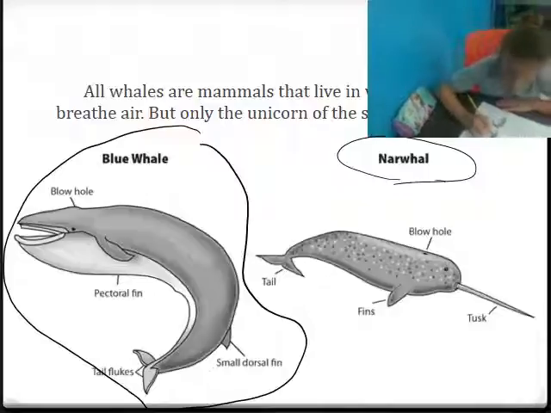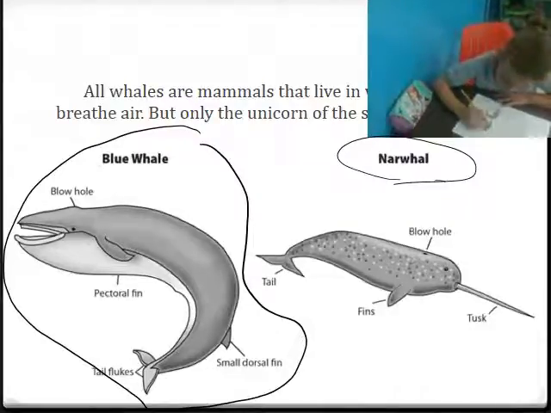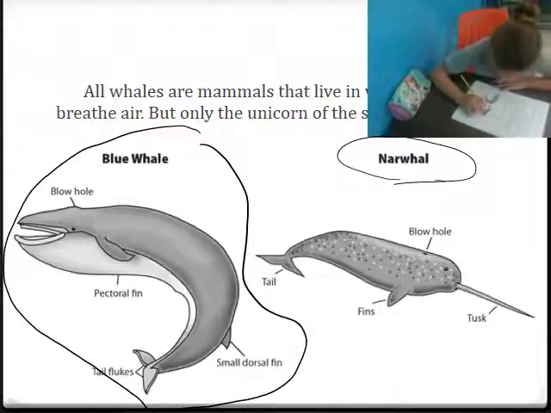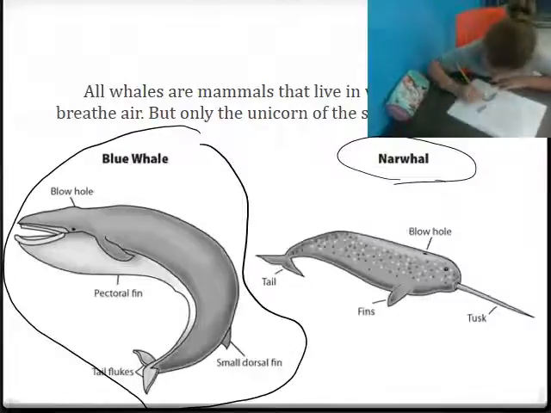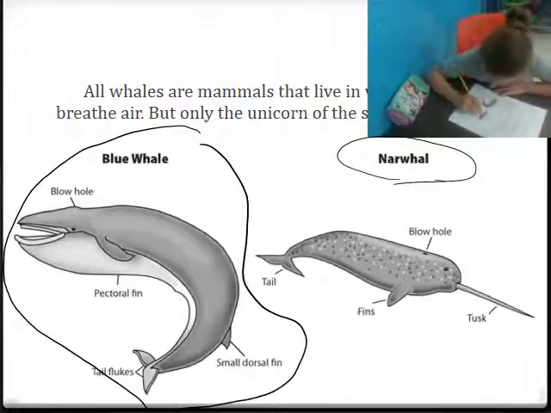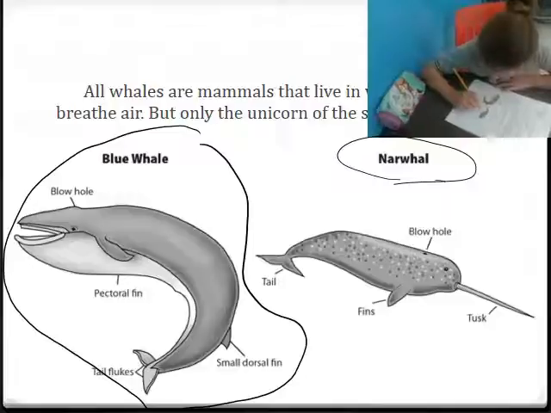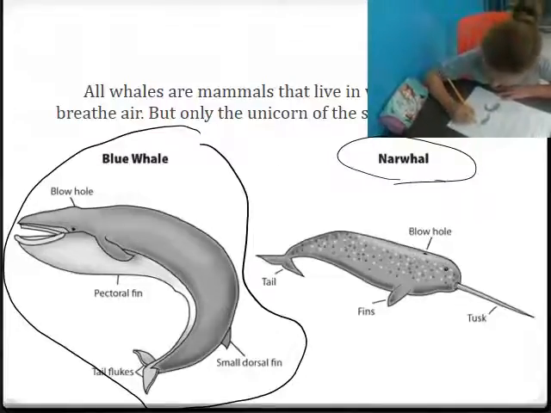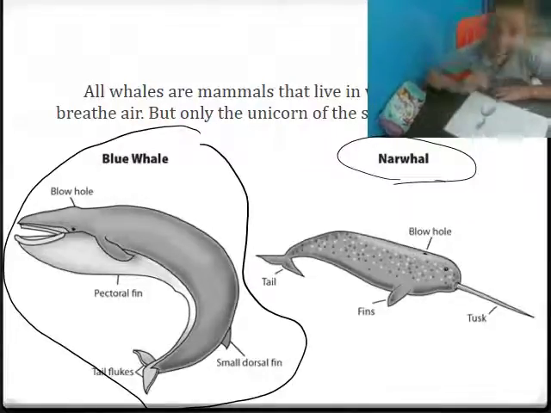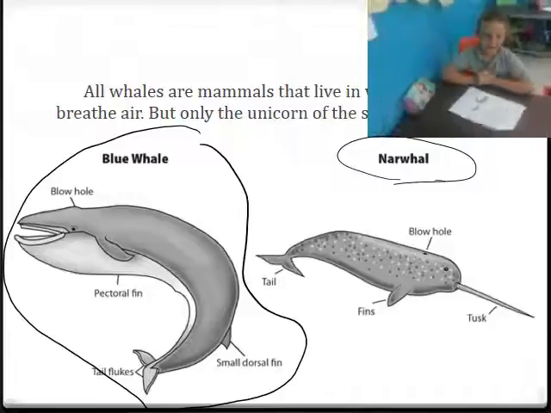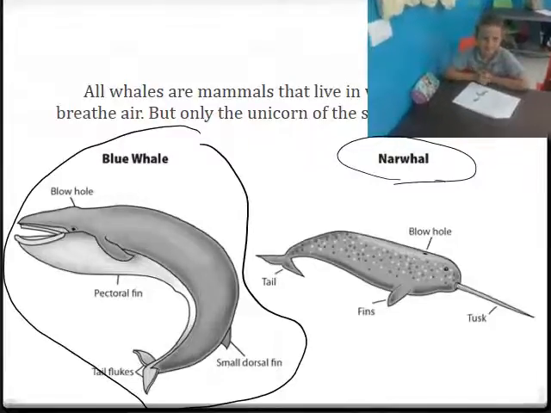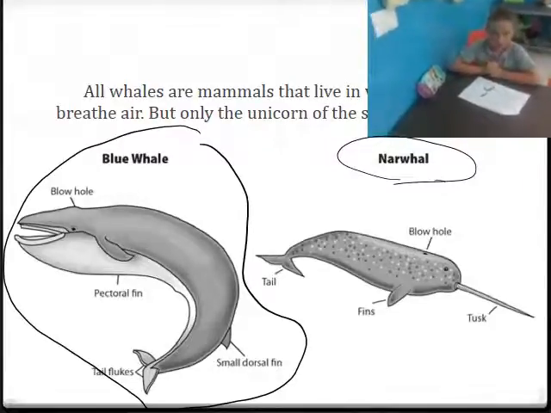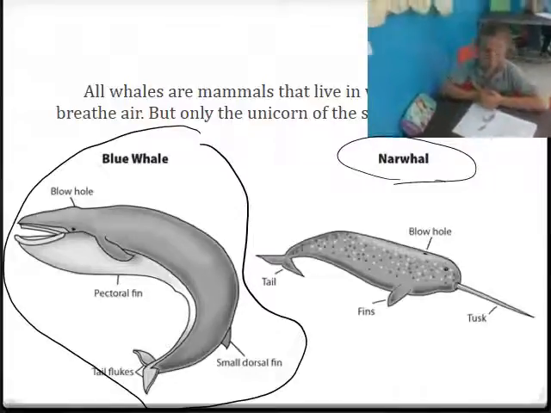What about a narwhal? Blowhole, tail, fin, and tusk. Okay. So here it's showing us what a blue whale has and what a narwhal has.